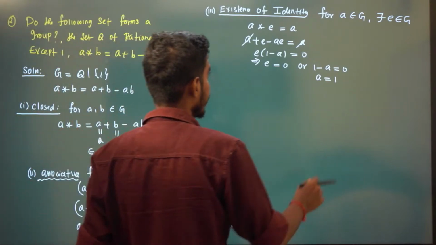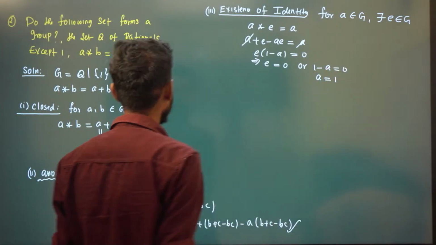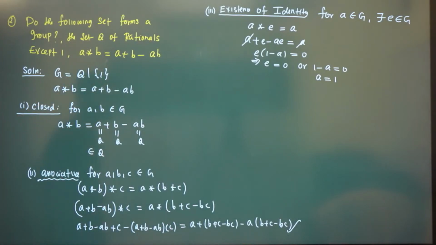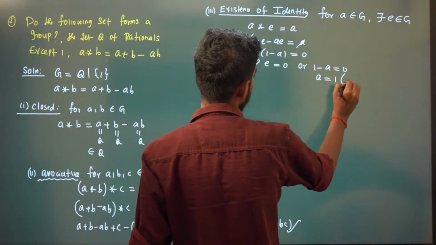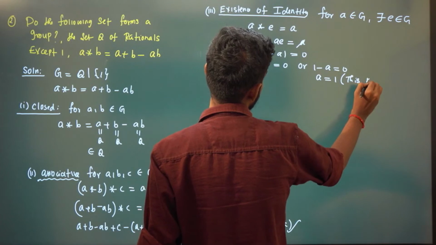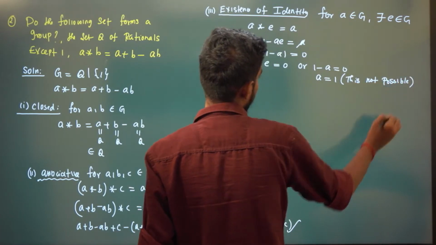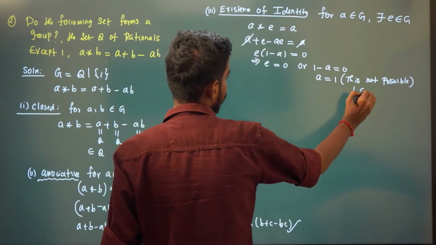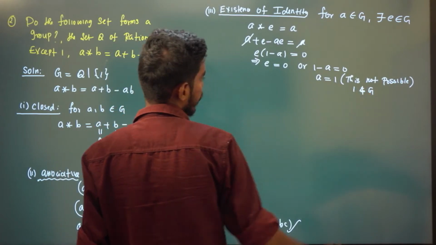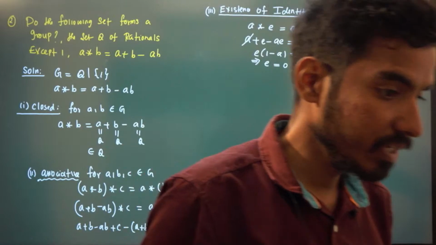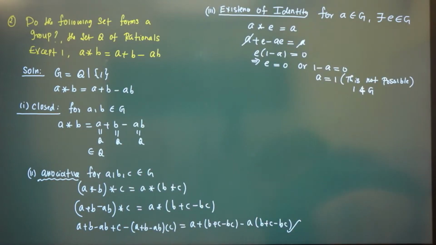A equals 1 is not possible, right? Because A belongs to G. But in G there is no 1. This is not possible because 1 doesn't belong to the group. Right?